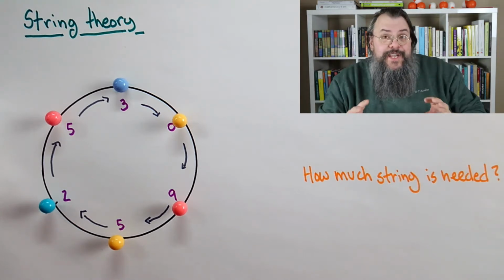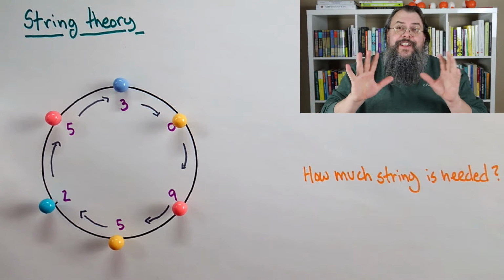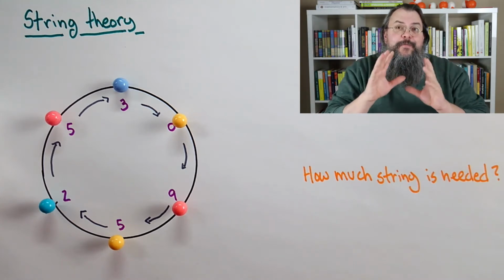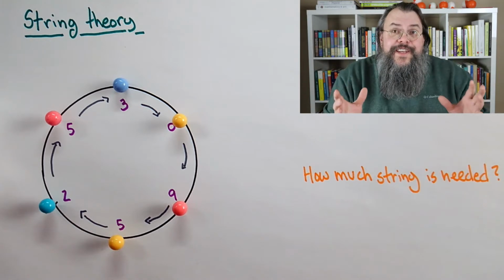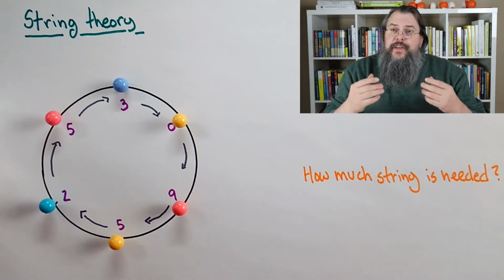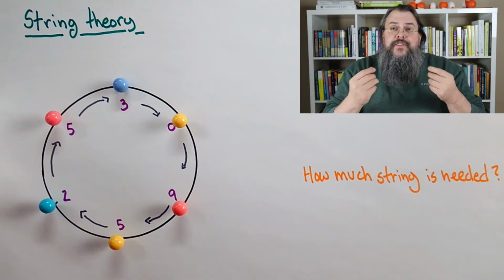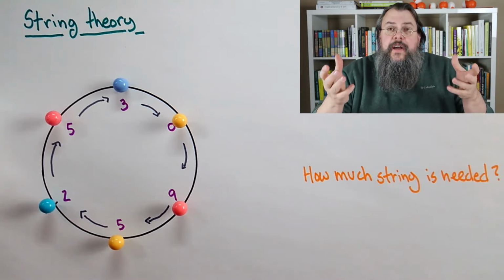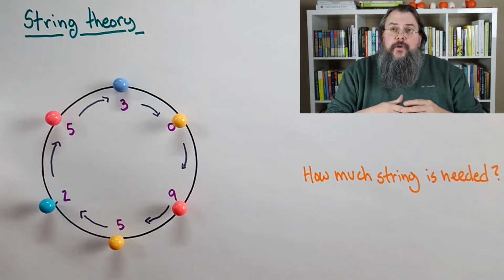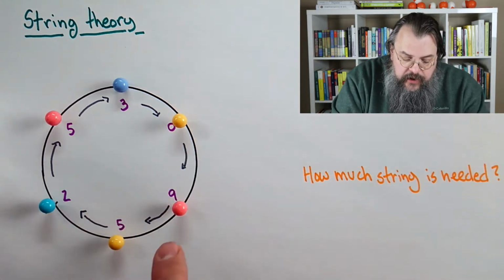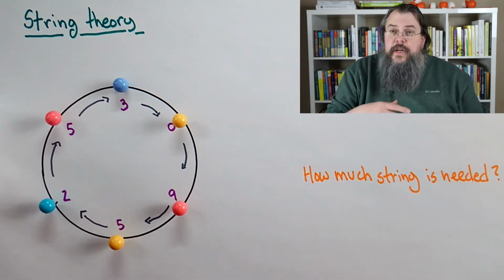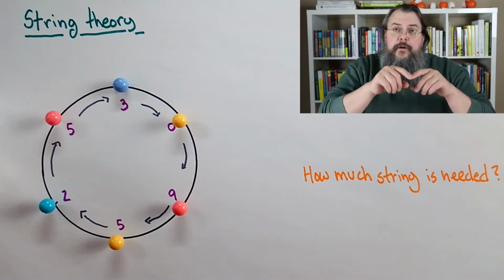Now, when we talk about string theory, we're not talking about the really physics-like, ooh, look how fancy it is, 8-dimensional knots. No, no, no. Here, we're talking literal string. And what we're going to do is answer the question, how much string is needed when we make our diagram for our pattern? So what do we mean? Well, right now, we've marked our throws, and we're going to put down our arcs.